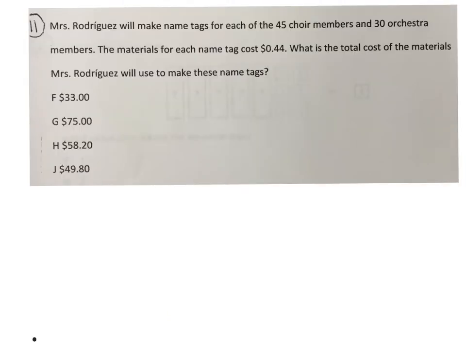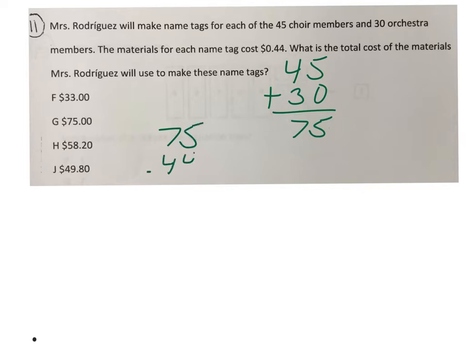All right, so she needs the total cost of all of the materials. So you have 45 choir plus 30 orchestra gets you 75 people. That 75 needs to be multiplied by 0.44, 44 cents each.